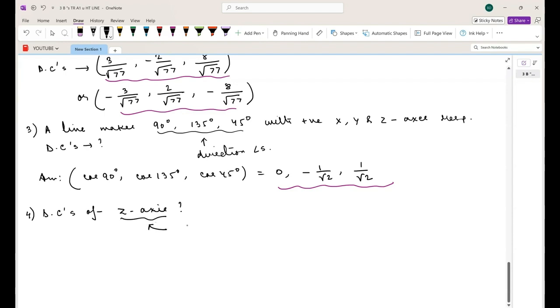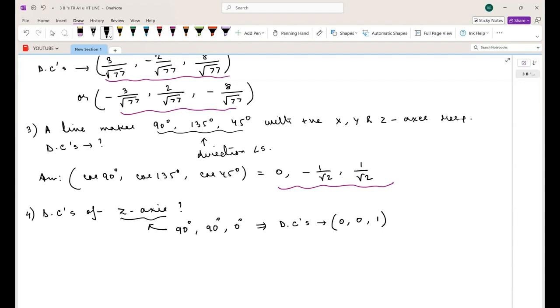It makes angle 90 degree with the positive direction of x-axis, 90 with the y-axis, and 0 degree with itself. So naturally the direction cosines will be cos 90, that is 0, cos 90, that is 0, and cos 0, that is 1. Similarly, DCs of x-axis will be 1, 0, 0, DCs of y-axis will be 0, 1, 0, and so on.